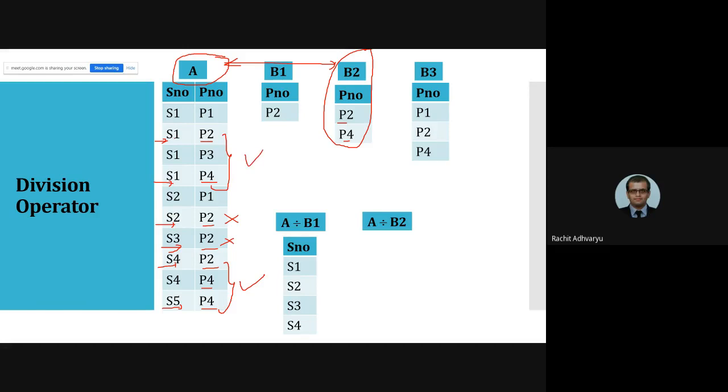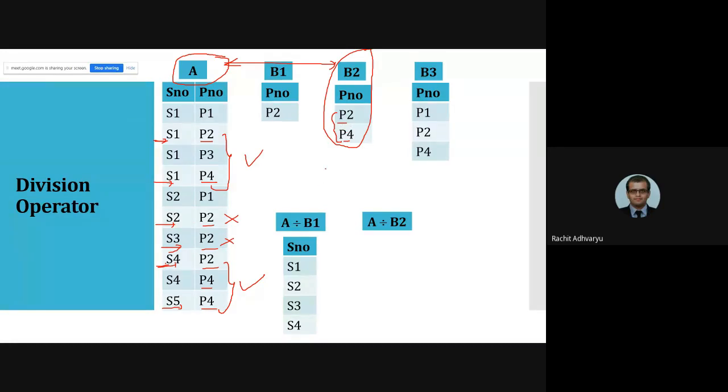So we are going to consider only two answers, that is S1 and S4, because the rule says that whatever tuples we have in table number 1 must be associated with each and every tuple of the dividend, that is B2. But here some of the tuples are not associated with all the data.